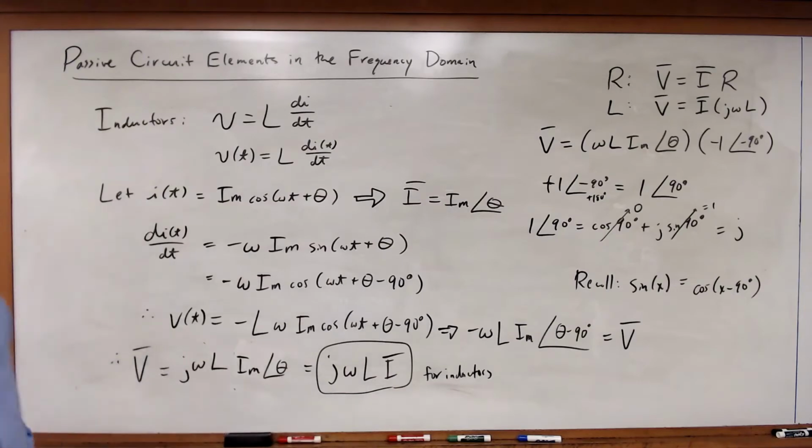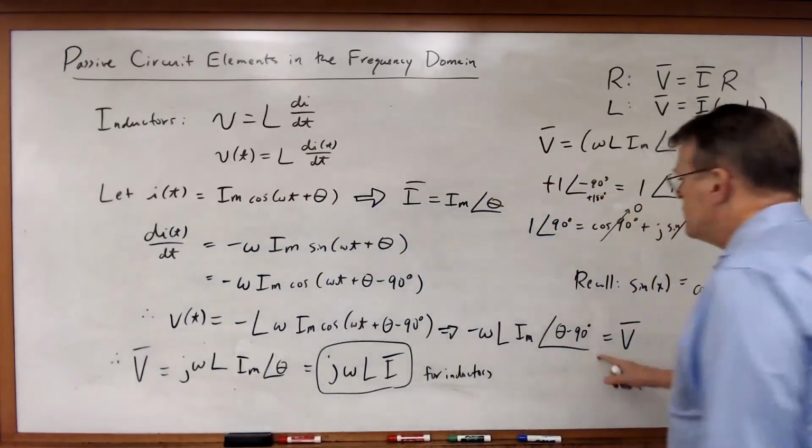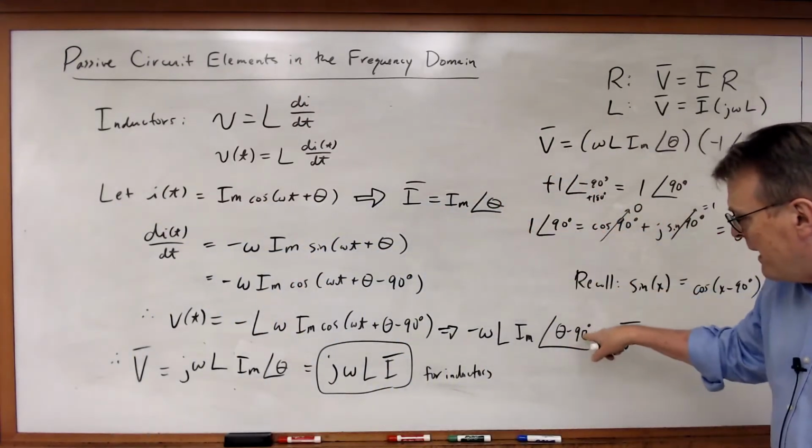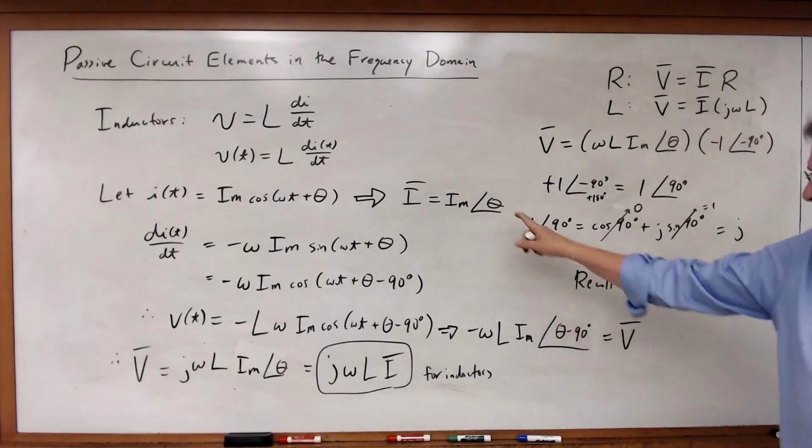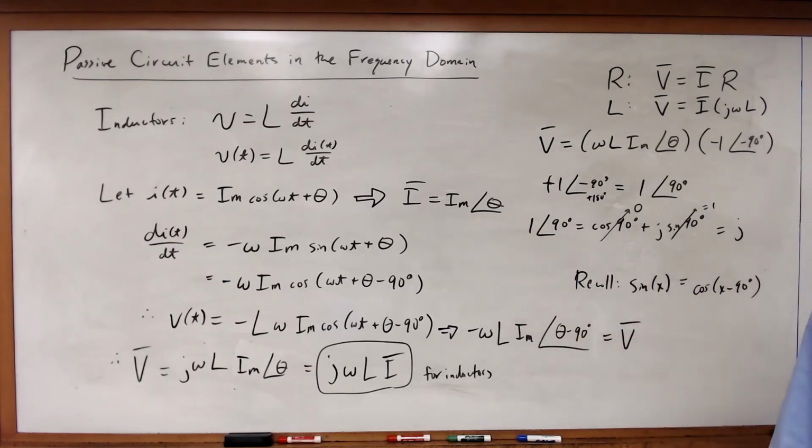Now we note that between the voltage and the current, we had that 90 degrees phase shift. We went from theta to theta minus 90.